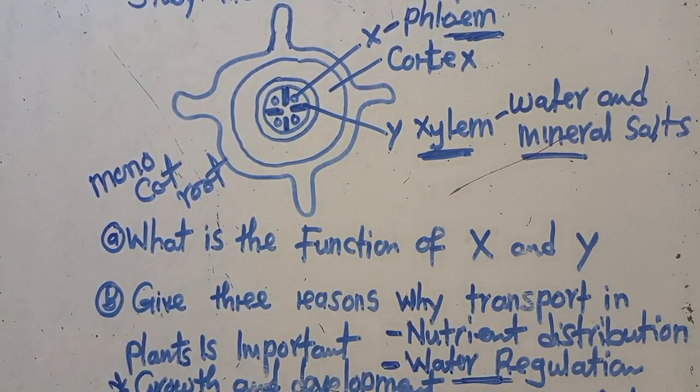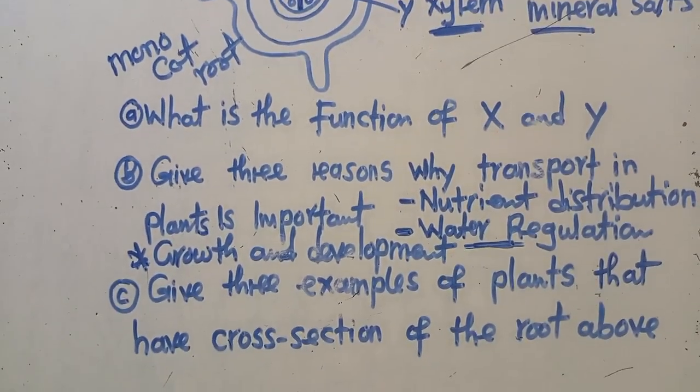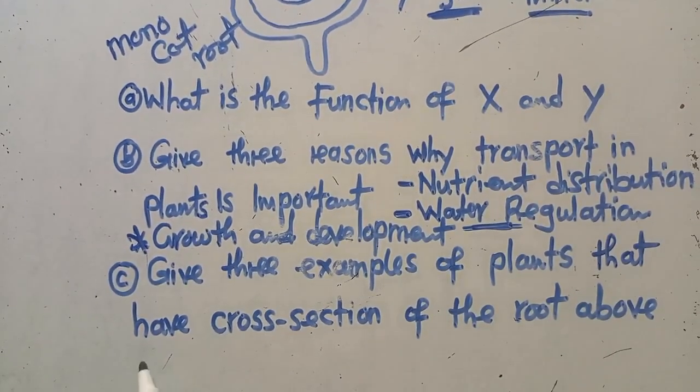So what are certain examples of monocot roots? We've seen sugar cane, for instance, which is also an example of a monocot. They're just telling you to give 3 examples since you know that root is from a monocot.